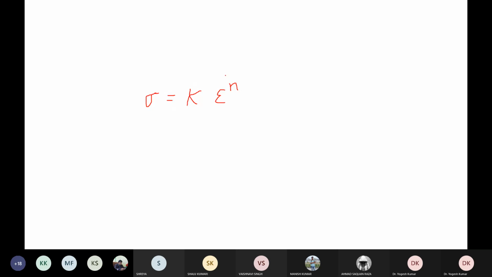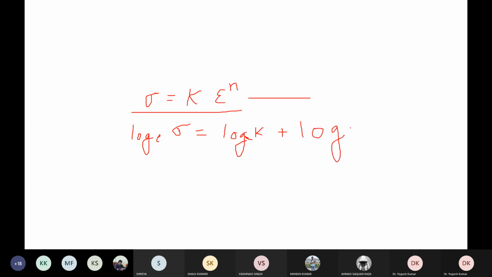Okay, so in this particular equation, if you take the natural log of this equation, you will see log of sigma is equal to log k plus log of epsilon^n.